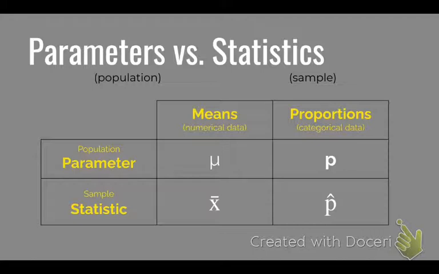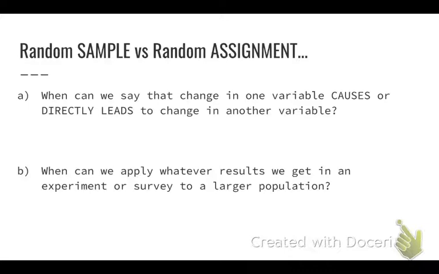So whenever you're asked to identify a parameter, you should be saying like mu is equal to the true average of people with brown hair that live in the United States, or p is equal to the true proportion of, I don't know, black labs out of all labs sold in the United States. I'm just making some stuff up, okay? And then your statistics are the actual mean or proportions that we find specific to our samples. Make sure you have that notation because it's very important to have the correct notation as you go through it.